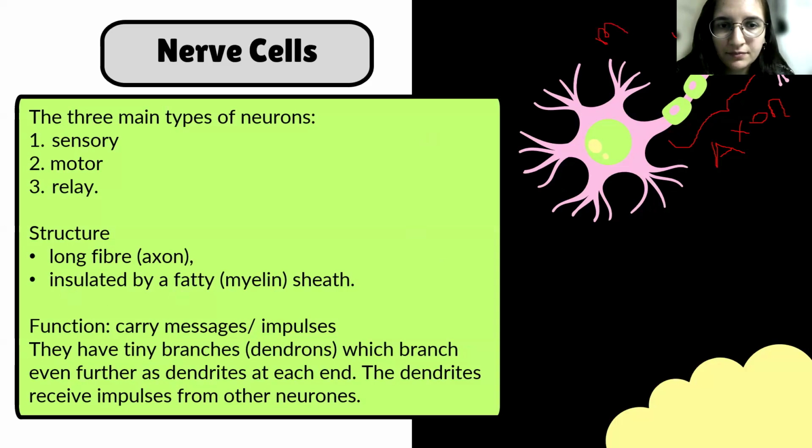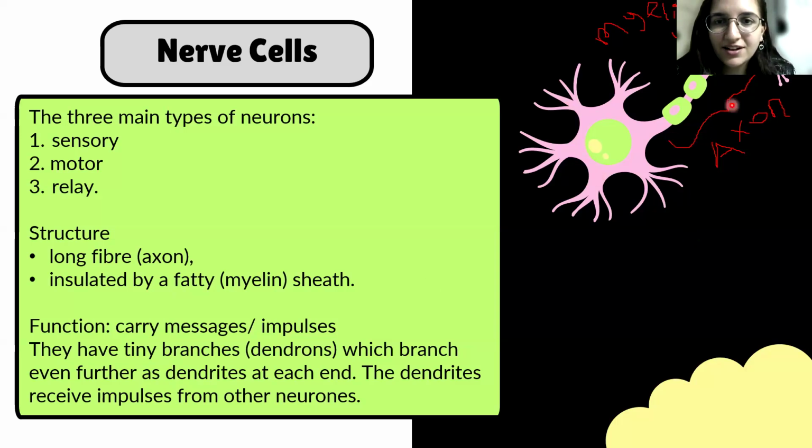Let me put the small dot over the I. Okay, so this is what the nerve cell looks like.